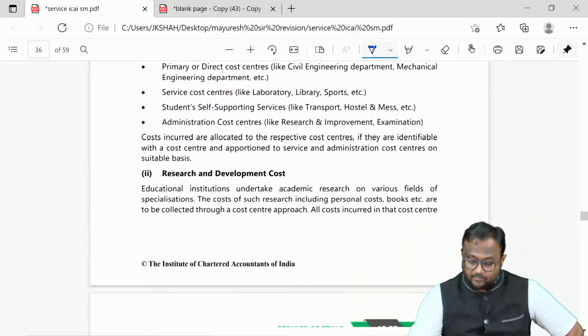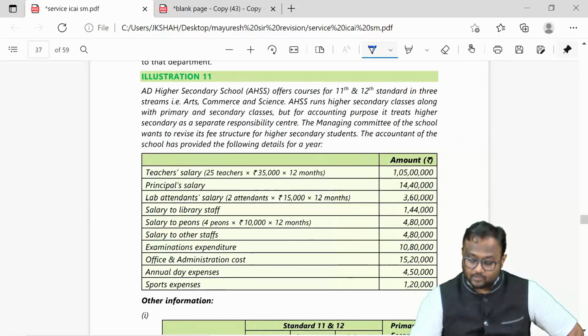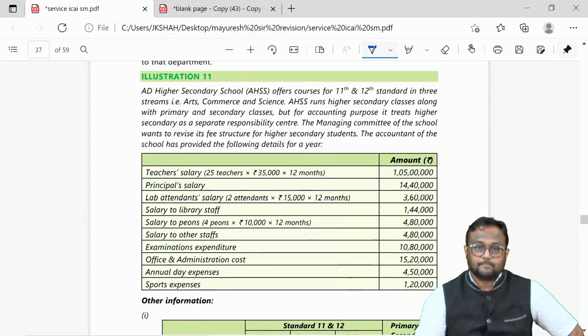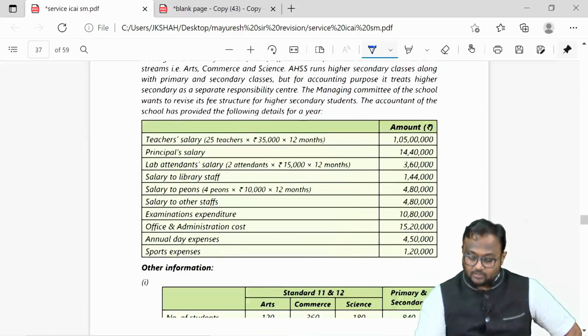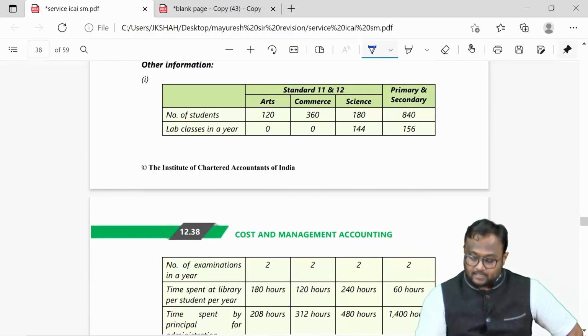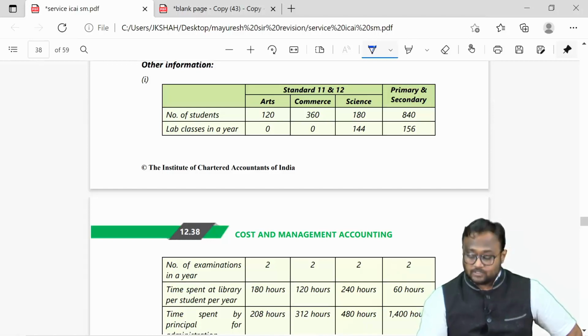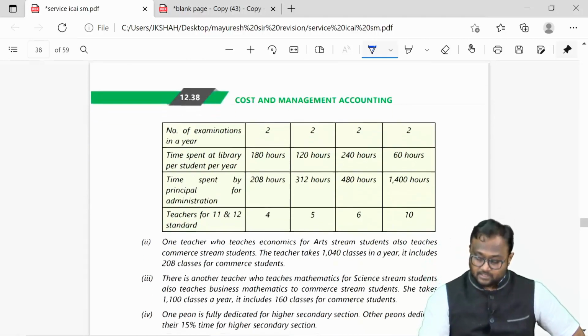Your second important query was regarding this question number 11. See, there was a teacher whose remuneration was allocated. The teacher was working for certain number of hours and she was paid some amount of money, and the teacher was common for arts and commerce and later commerce and science.